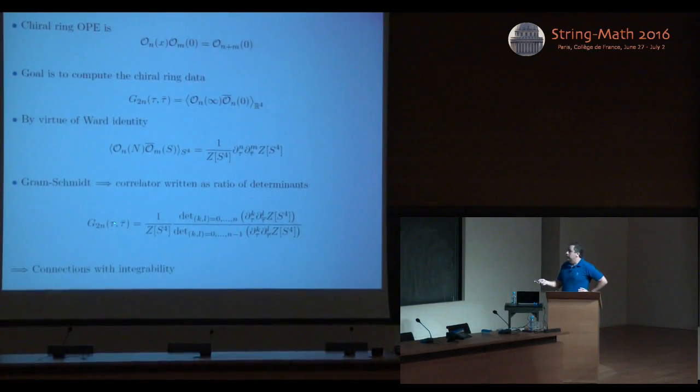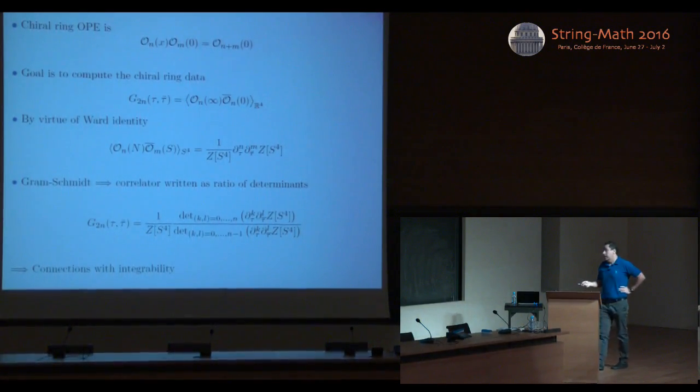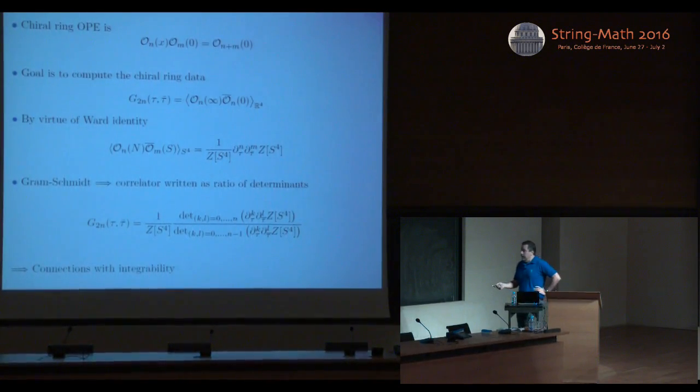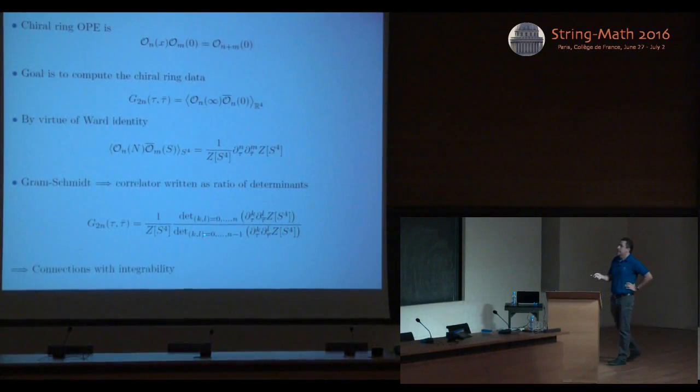So that means that the metric on the chiral ring vector bundle can be written very nicely as a ratio of determinants of derivatives of the S4 partition function. And if you know something about integrability, which I don't know very much, but enough to realize that this leads to an interesting connection with integrability.